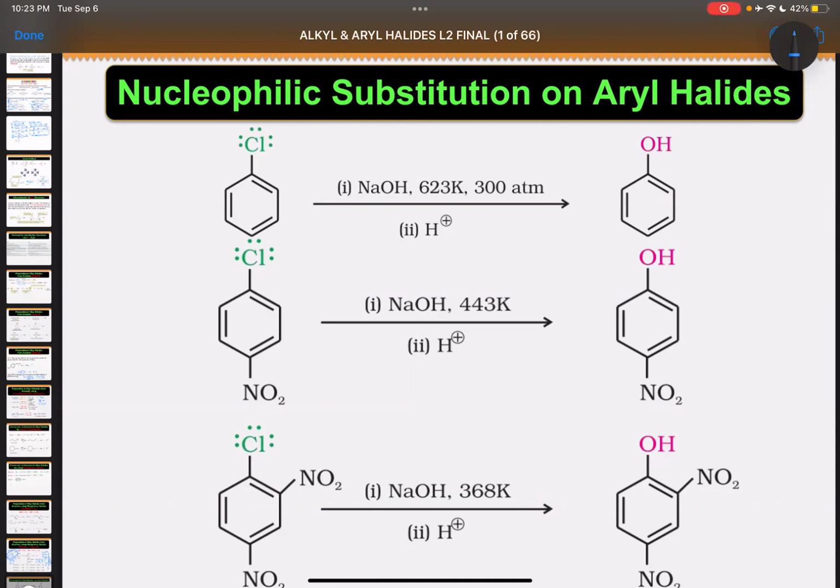And look here, the extreme conditions: 350 degrees Celsius and 300 atmosphere, right? So what is this reaction known as? Nucleophilic substitution reaction. Yeah, nucleophilic, but we have been doing all substitution reactions as nucleophilic till now. You need to be more precise.